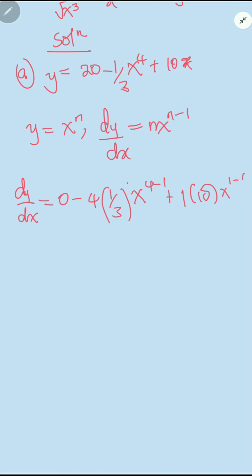You always subtract 1. So this further gives us 0 minus 4 multiplied by 1 over 3, which gives us negative 4 over 3 x to the power 4 minus 1, which is 3, then plus x to the power 0, which is 1, and 1 times 10 just gives us a 10. So this is our answer to the first one.